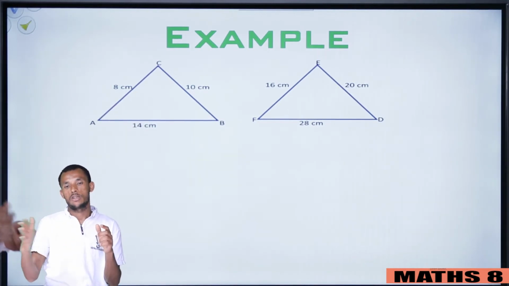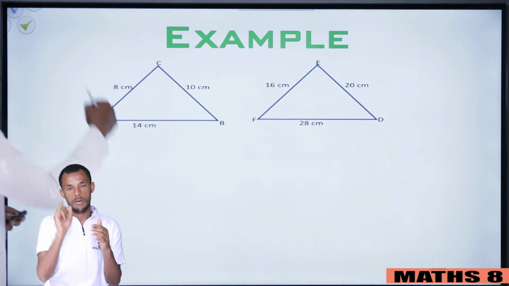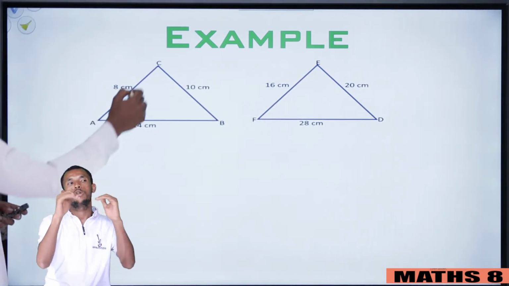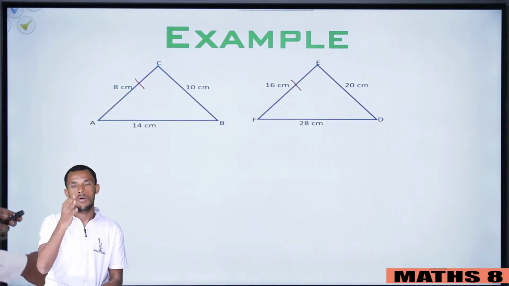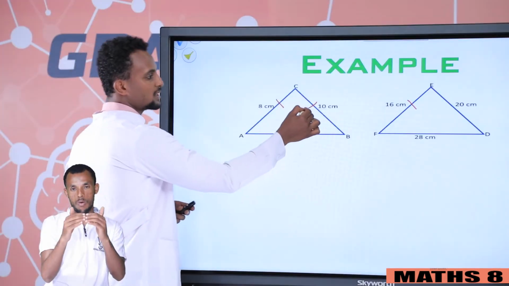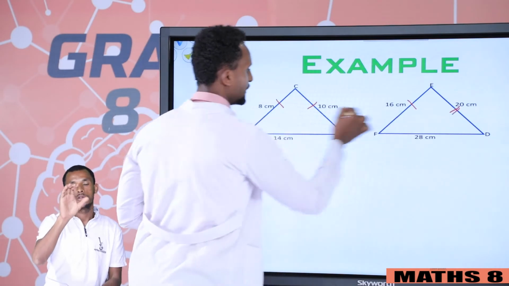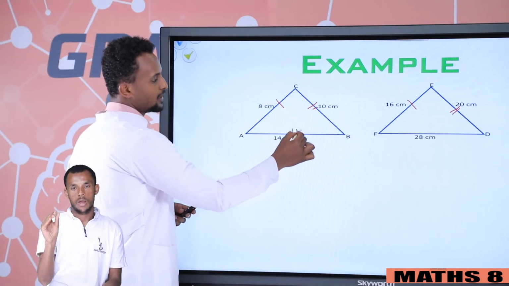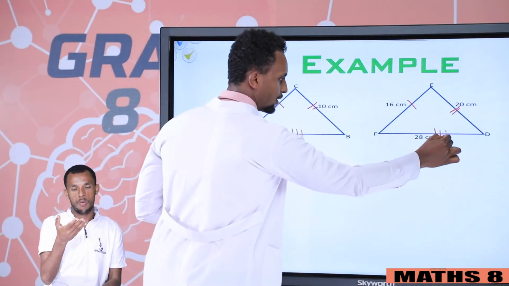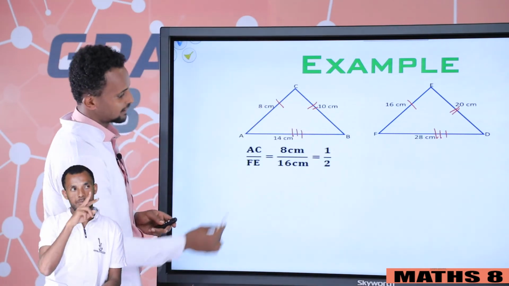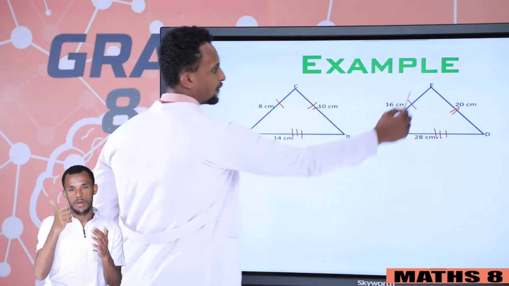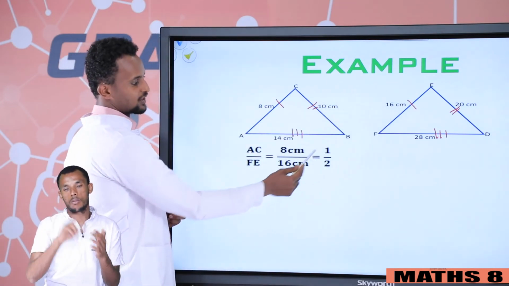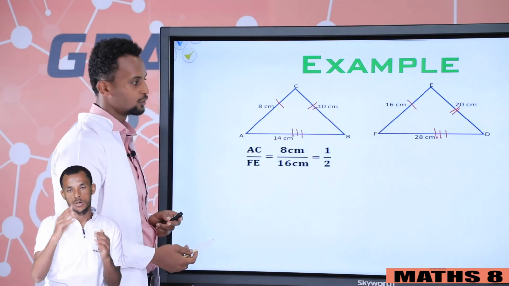In the case of the side-side-side similarity theorem, let's check their proportionality. That means AC over EF has to be equal to BC over DE and AB over FD. AC over FE is 8 over 16, which is 1 over 2.